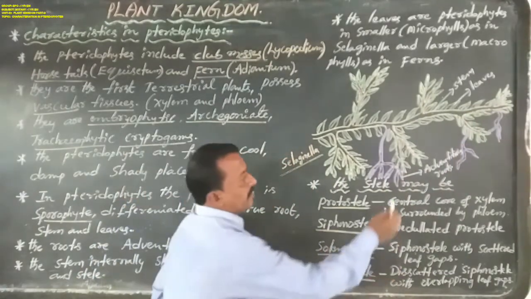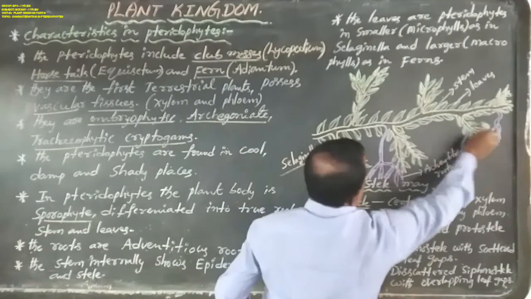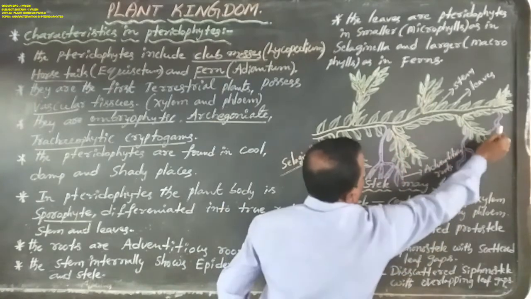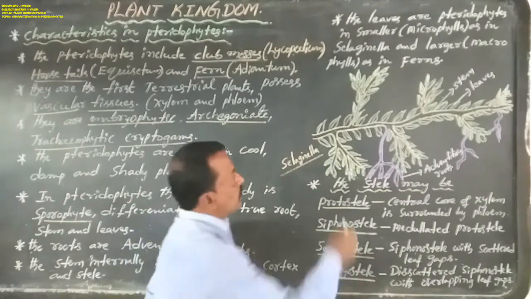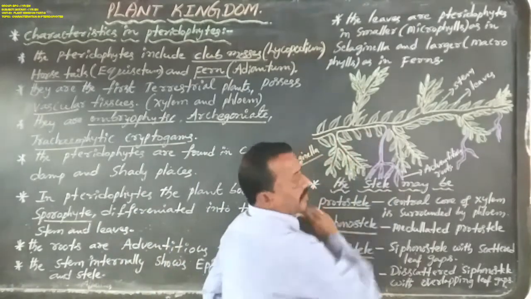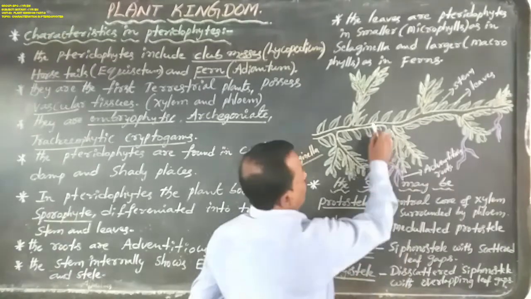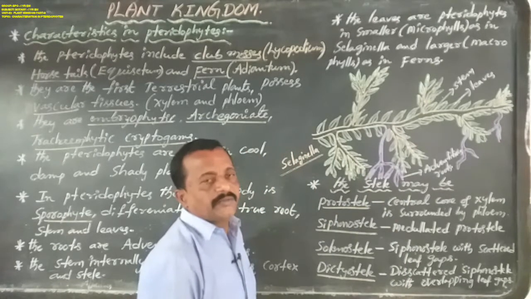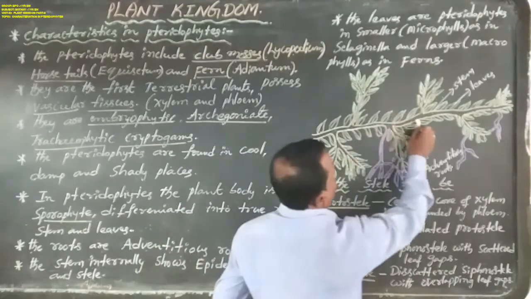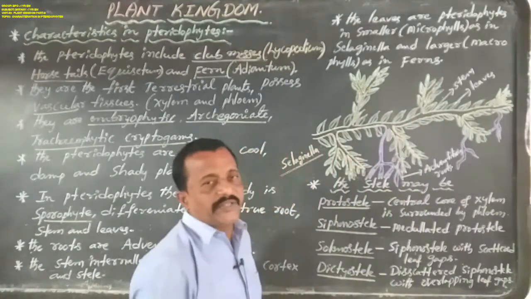In pteridophytes, the roots are adventitious roots. The stem is green in color, prostrate, and lies along the surface of the soil.